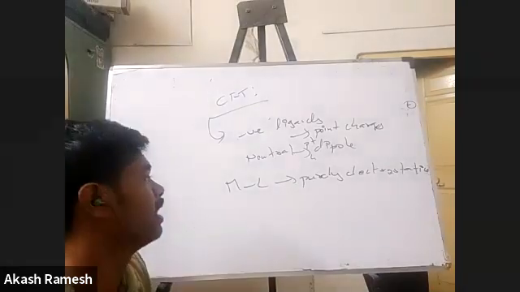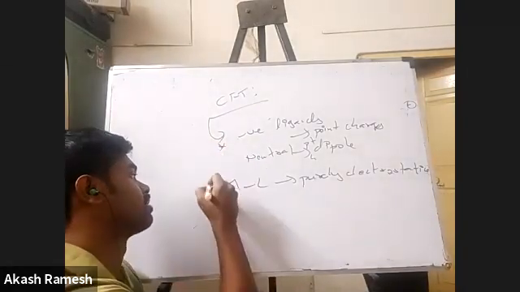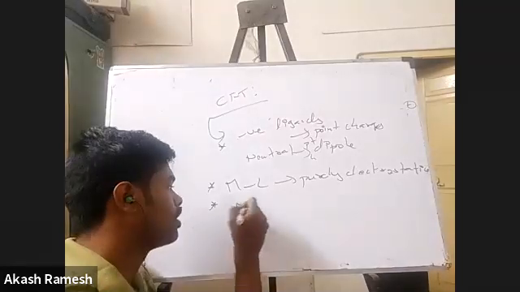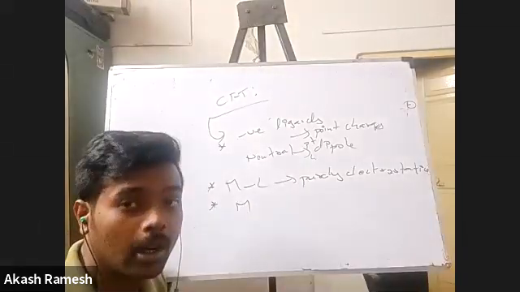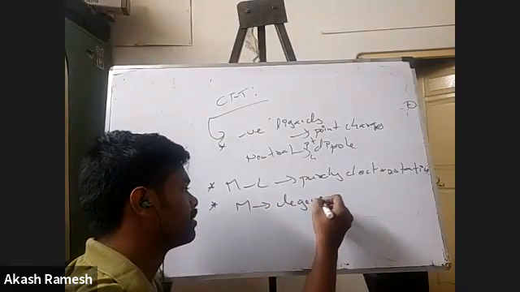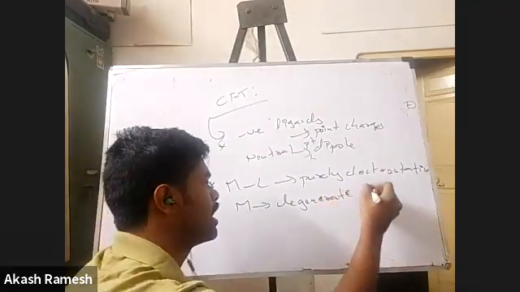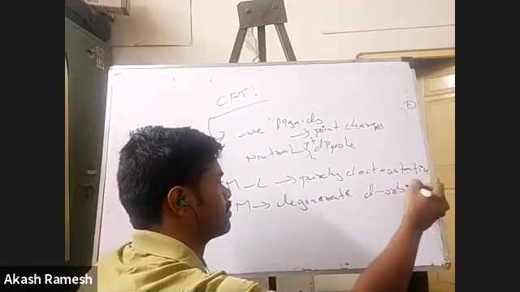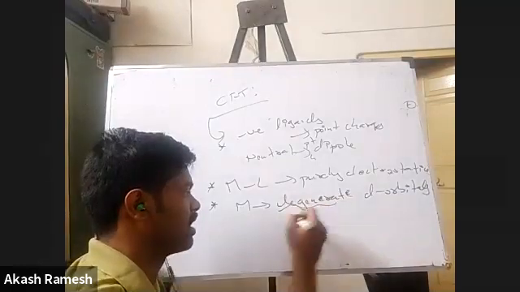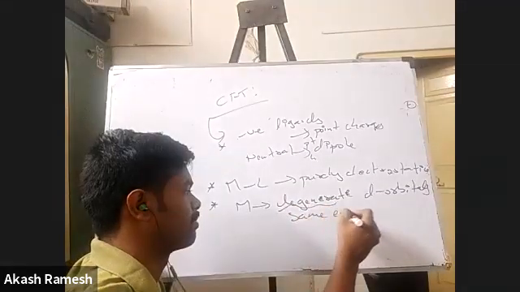Then what it says is that when the metal alone is there, it will have degenerate d orbitals. We know what degenerate is. Degenerate means same energy.